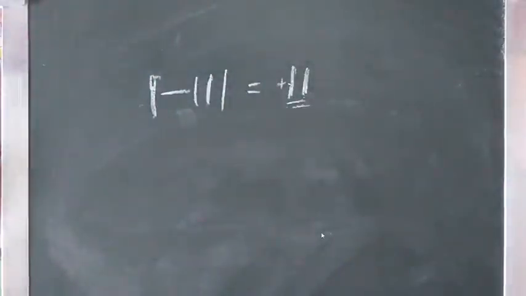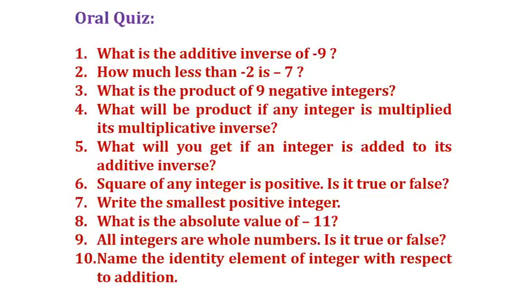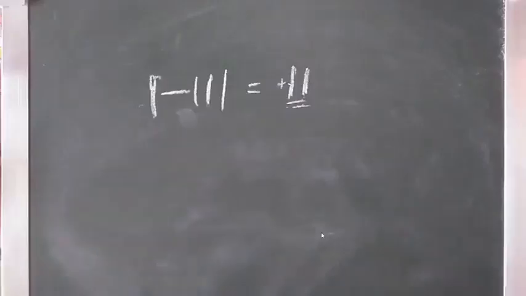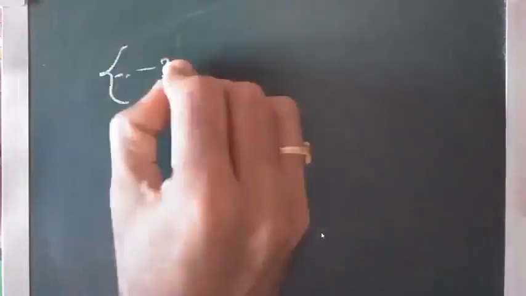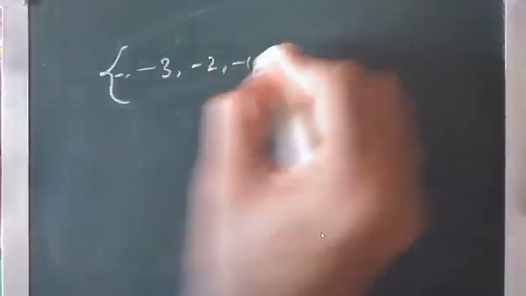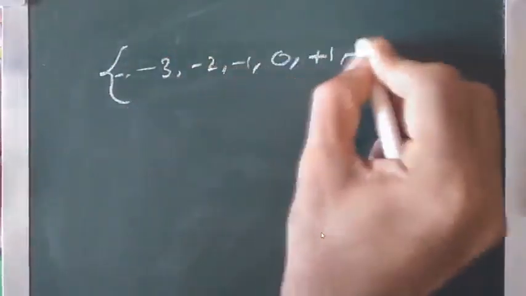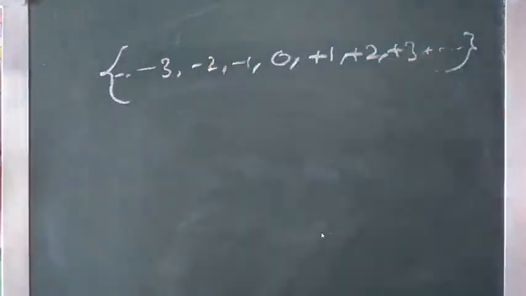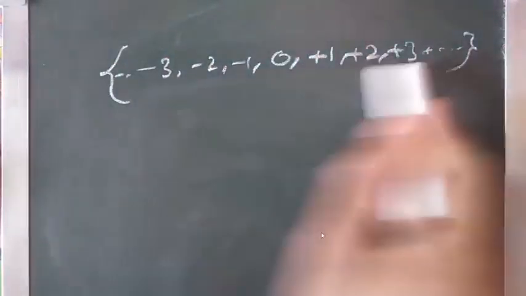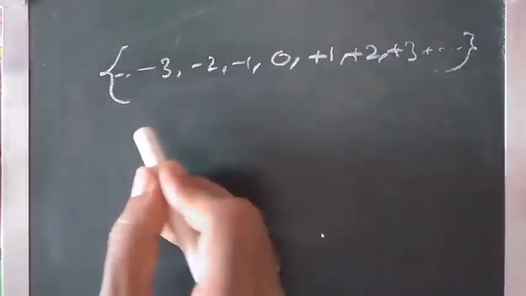Okay. So next, all integers are whole numbers. Is it true or false? Take the set of integers first: minus 3, minus 2, minus 1, 0, plus 1, plus 2, plus 3, and so on. And what is the set of whole numbers?